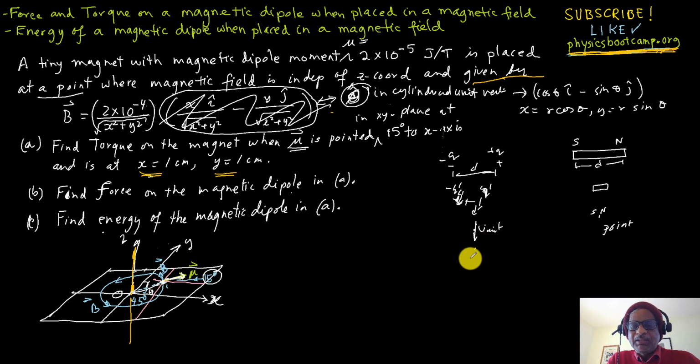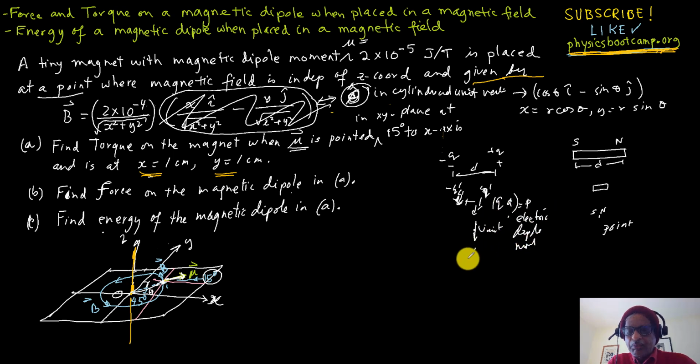At a point, of course plus and minus q will be 0, and we look at q times d, this product, and this product is called the electric dipole moment, right?